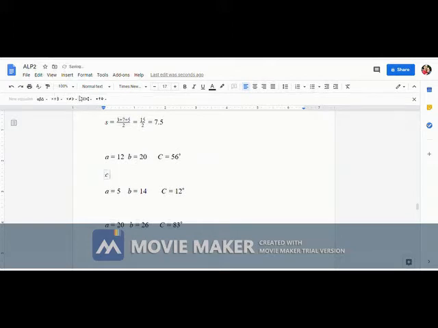We're going to set c squared equals 12 squared, or 144, plus 20 squared, or 400, minus 2 times 12 times 20 times the cosine of that angle, which is 56.